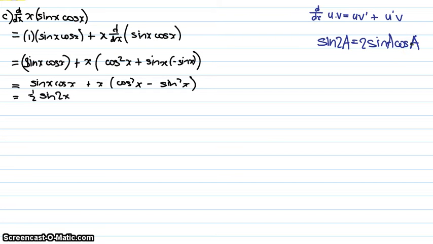And this one as well, we're going to use the cosine equivalent, that cosine 2a is equal to cosine squared a minus sine squared a. So this is plus x cosine 2x. And so I can simplify that if I like, but this is actually fine enough already.